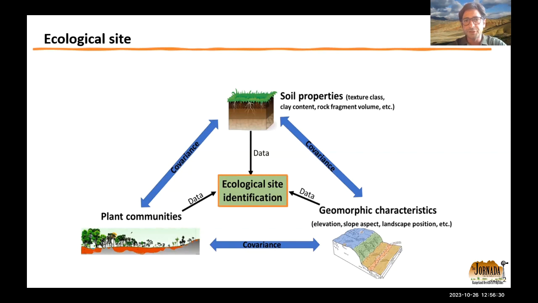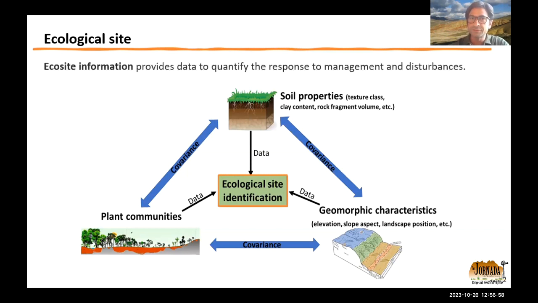So we use information of soil properties, so texture class, clay content, rock fragment volume, but also we need geomorphic information, so elevation, slope, aspect, landscape position. And based on these properties of the landscape, whether soil, geomorphic, and the plants, we can figure out what kind of ecological sites we have.